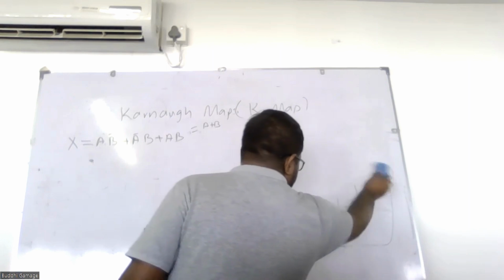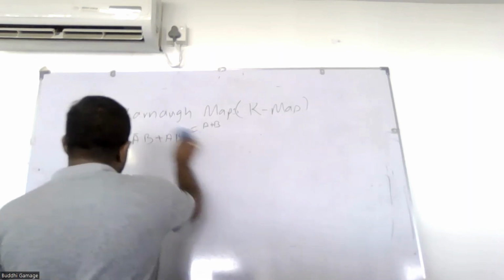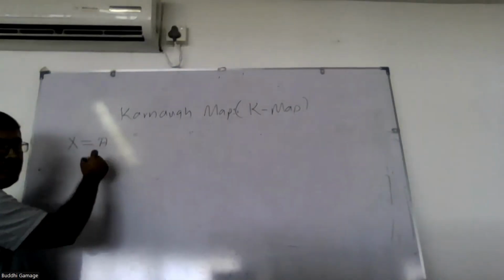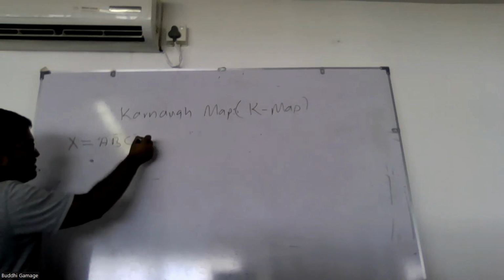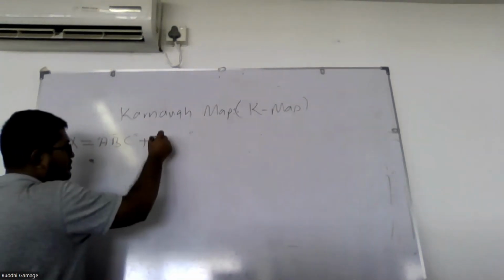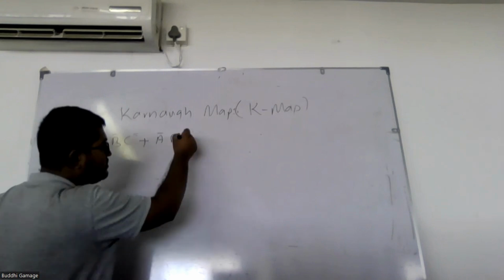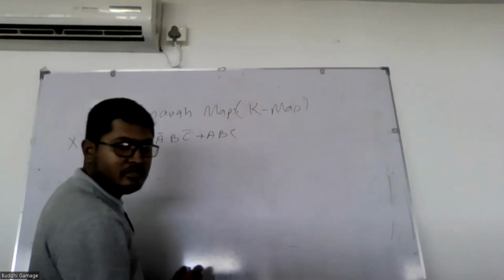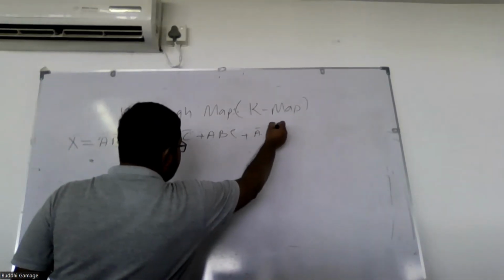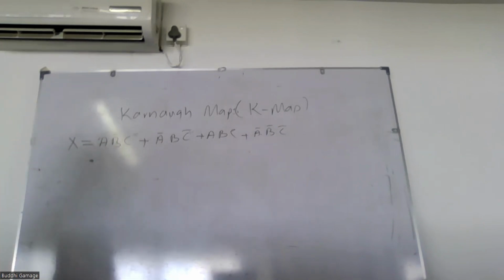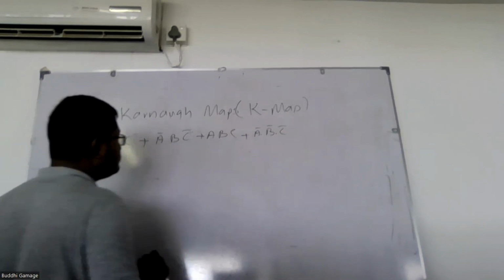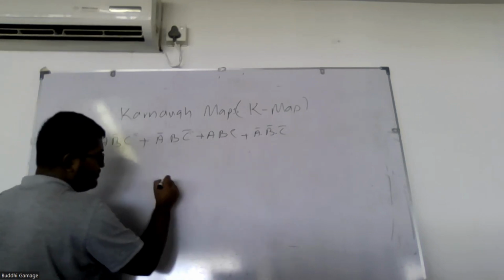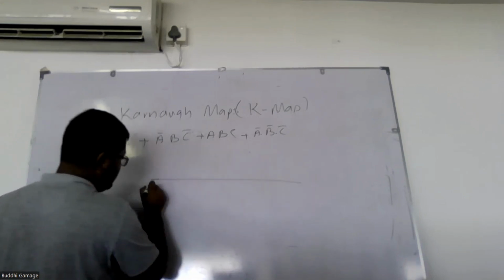Please take two to three minutes and do this example. It has three variables: A B bar C plus A bar B bar A B plus A bar B bar C bar. There are three variables, so that means 8 cells.